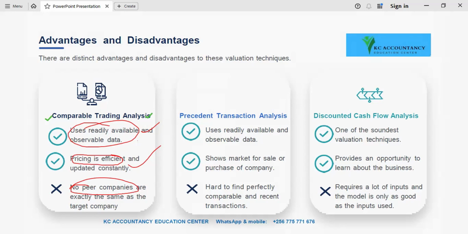Even when these companies are in the same line of production, with the same production processes, maybe even the same resources, they are not always going to be the same, because you may find that these companies have a strong internal control system in terms of maybe the people they employ.